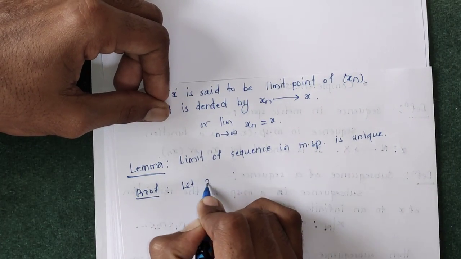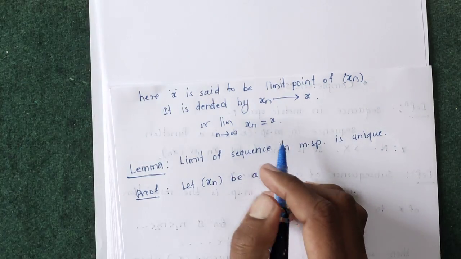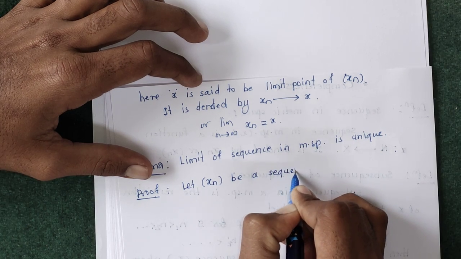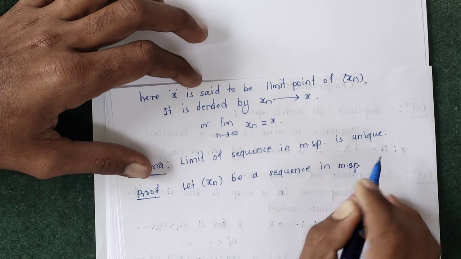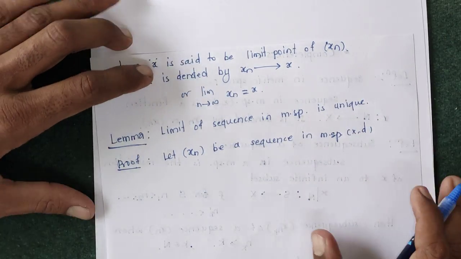So let xn be a sequence in metric space (X, d).